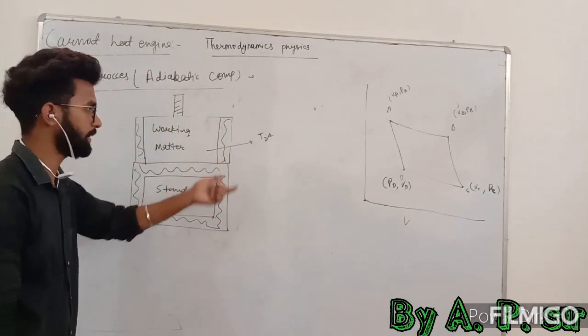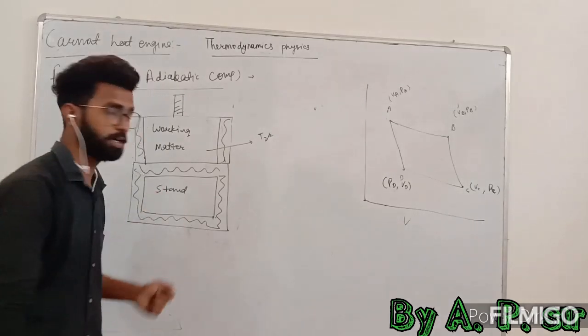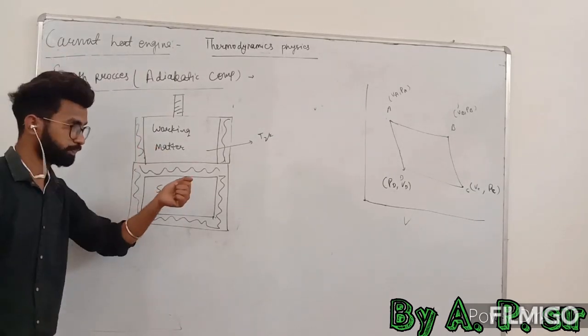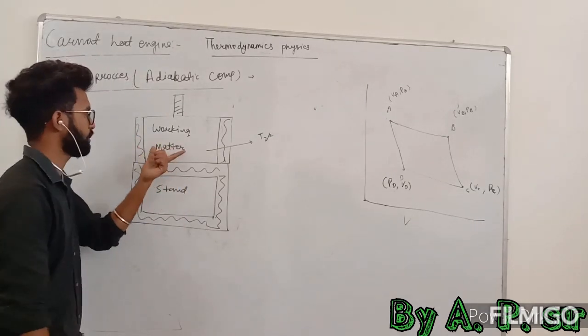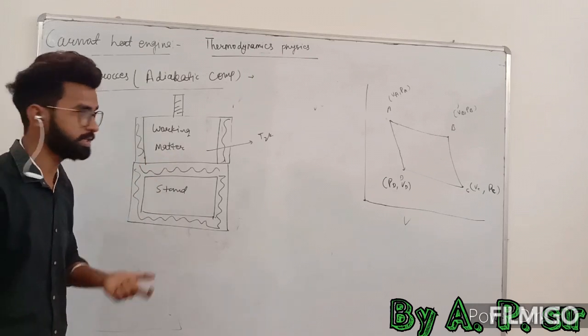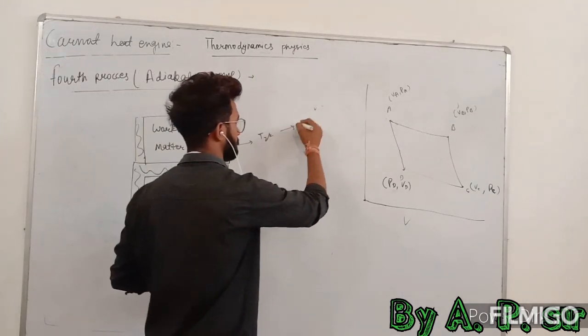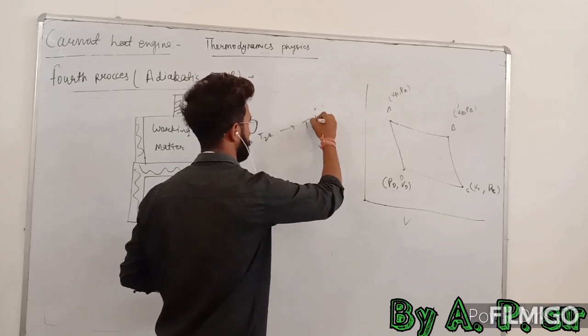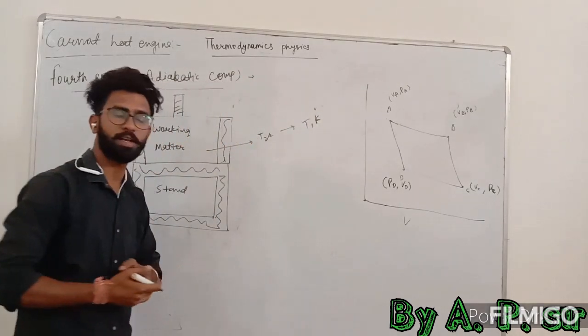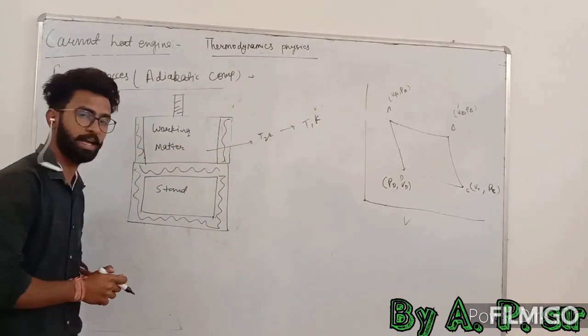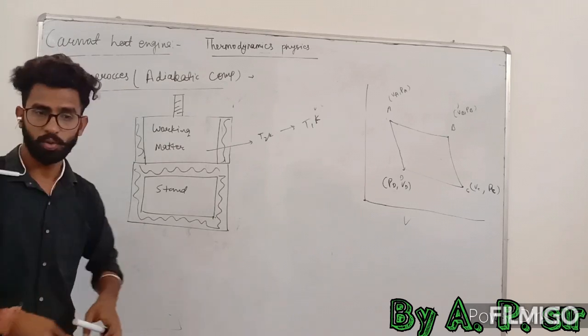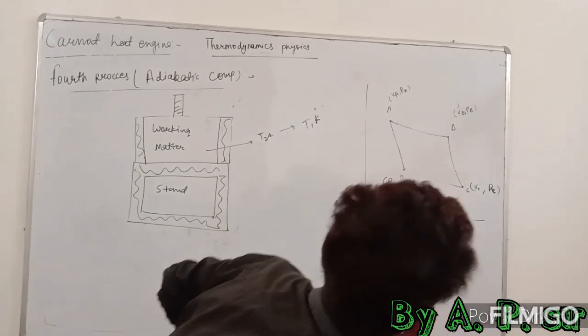The internal energy of the working matter increases and the temperature goes from T2 to T1 Kelvin. Then we do the mathematical analysis.